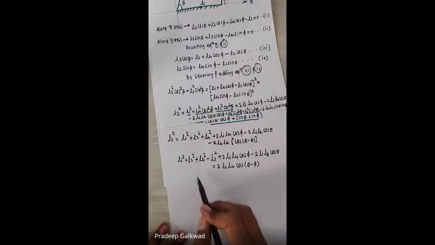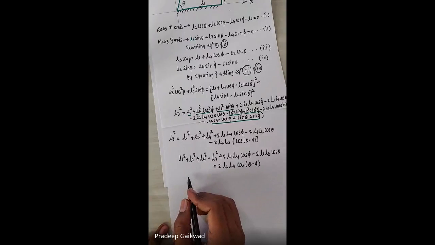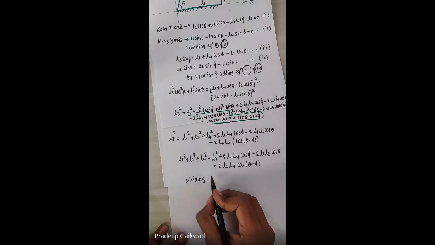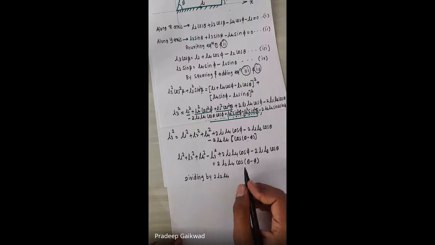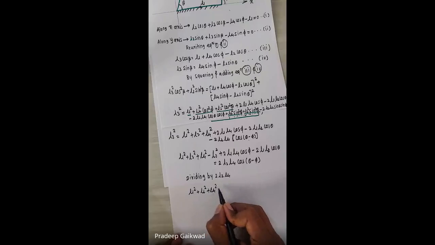Now divide this equation, whole equation, by twice L2 L4. If I divide it, what we get is L1 square plus L2 square plus L4 square minus L3 square divided by twice L2 L4, divided by each term.